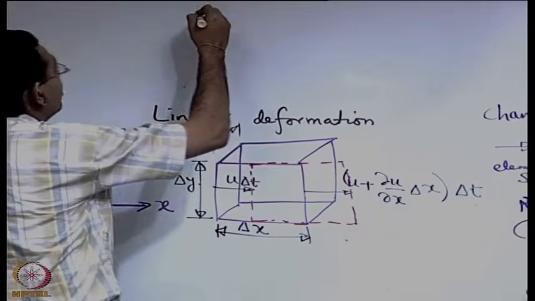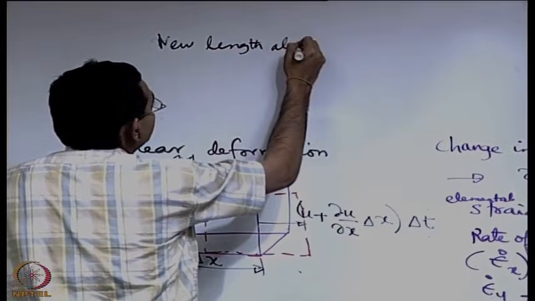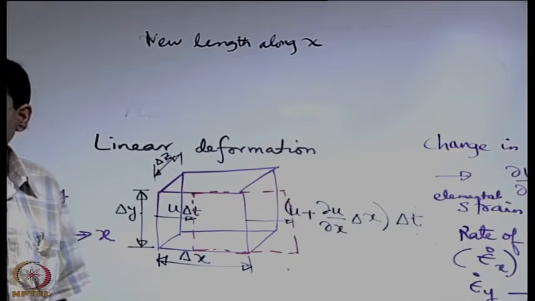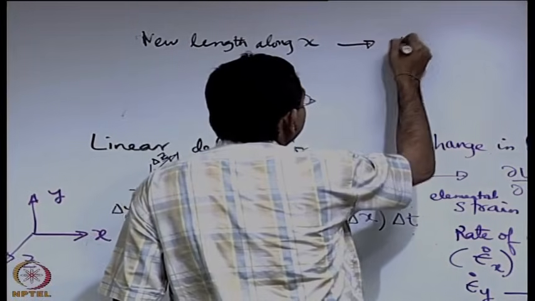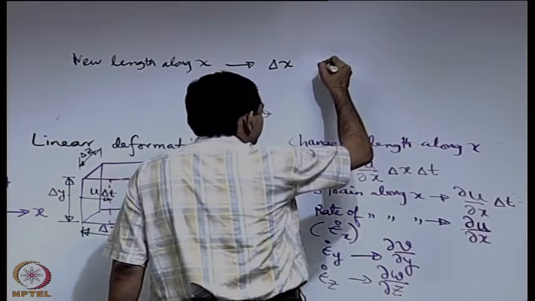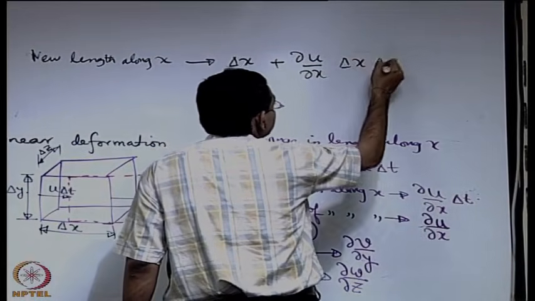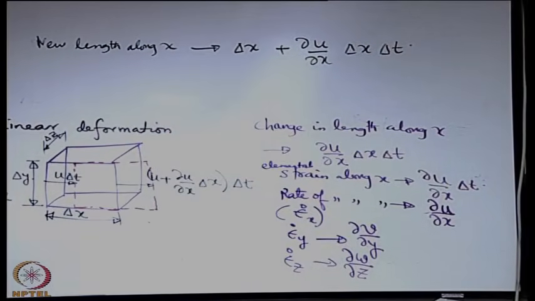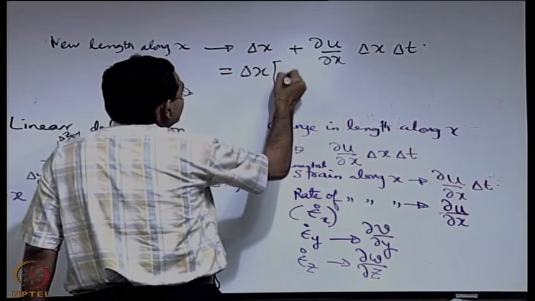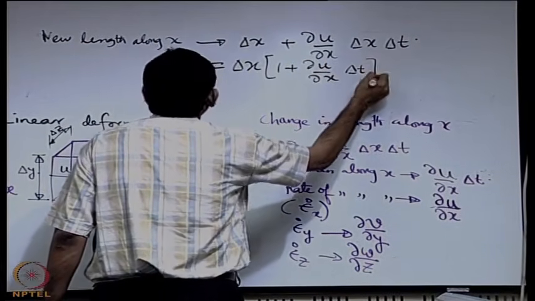So, what is the new length along x? That is the old length plus the change. So, the old length is delta x plus the change is this one. So we can take delta x common and write this one.